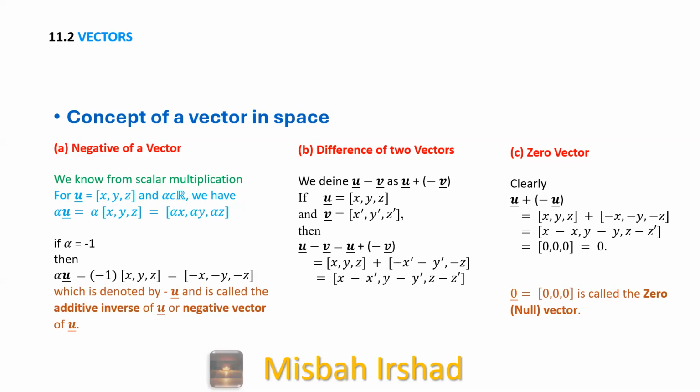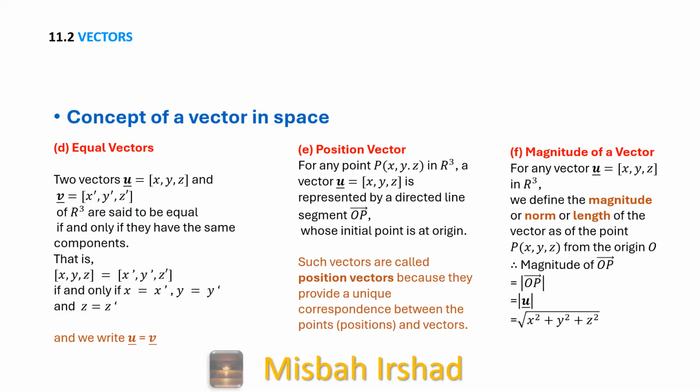And similarly, you can define the negative of a vector by taking the negative of every component. The difference of two vectors can be defined by taking the difference of corresponding components. The zero vector is the vector having all components equal to zero. Vectors are equal if their corresponding components are equal.